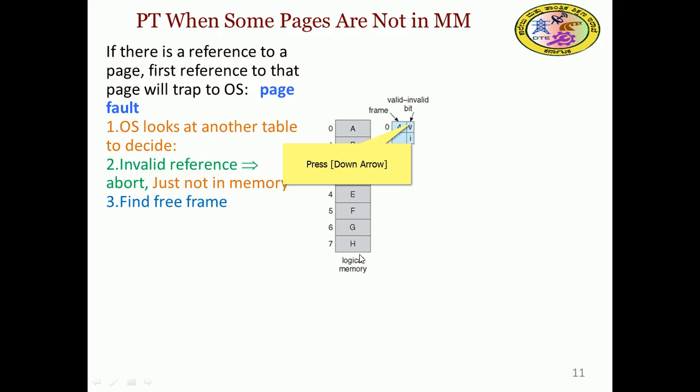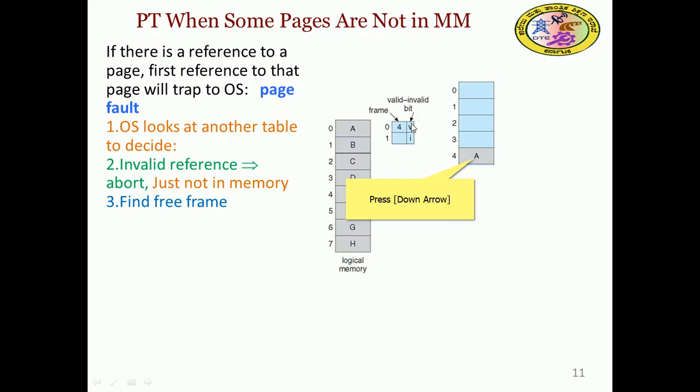I will repeat once again: 0 is the page and the page frame is 4. So page frame 4 will accommodate A. Since it is valid, at 4, A will be accommodated in physical memory.